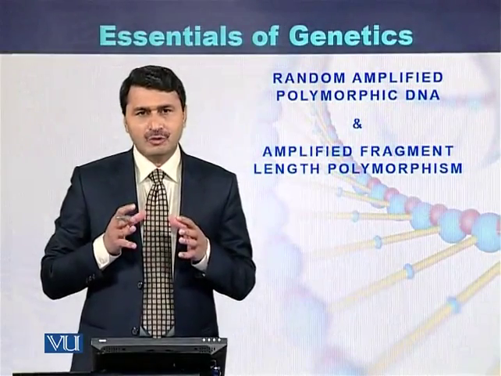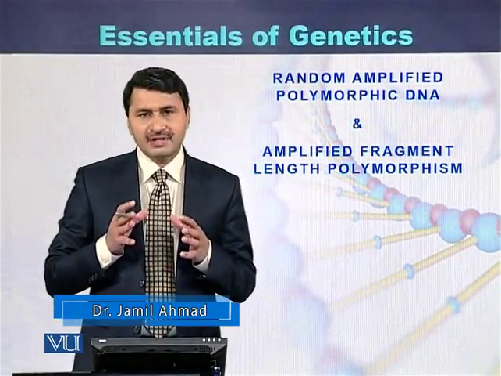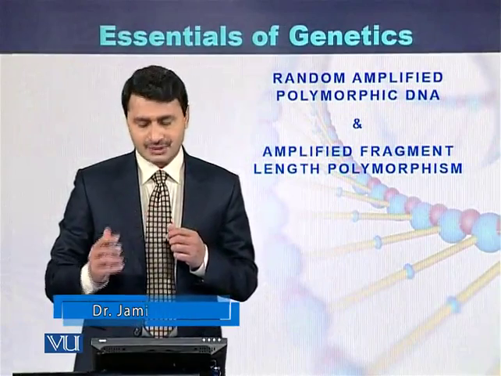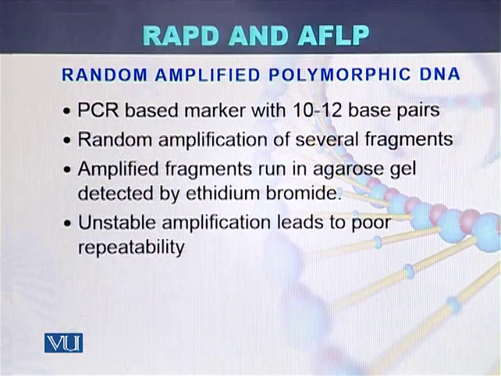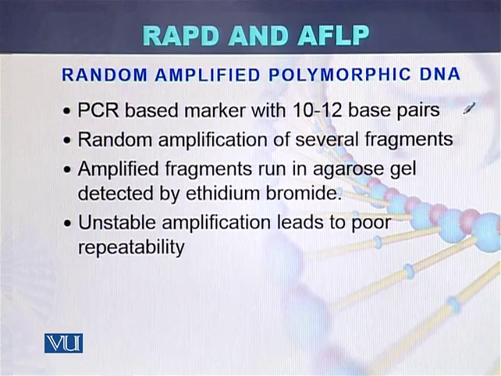Random amplified polymorphic DNA and amplified fragment length polymorphism. These are the two techniques which are also called molecular markers. In the case of random amplified polymorphic DNA, that is a PCR-based marker that consists of 10 to 12 base pair long primers.